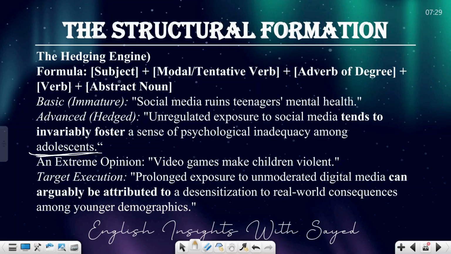An extreme opinion: video games make children violent. Right. So this is extreme. How could you hedge it? "Prolonged exposure to unmoderated digital media can arguably be attributed to a desensitization to real world consequences among young demographics." Okay?